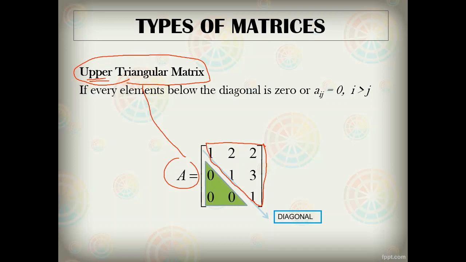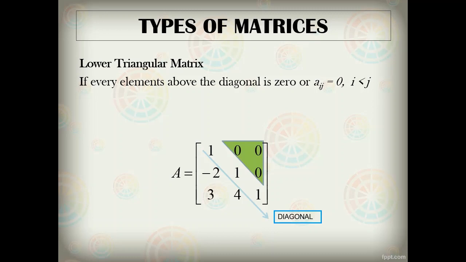The bottom here means below the diagonal, so this is the diagonal element, right? Once all the elements below the diagonal are all 0, this is called upper triangular matrix.